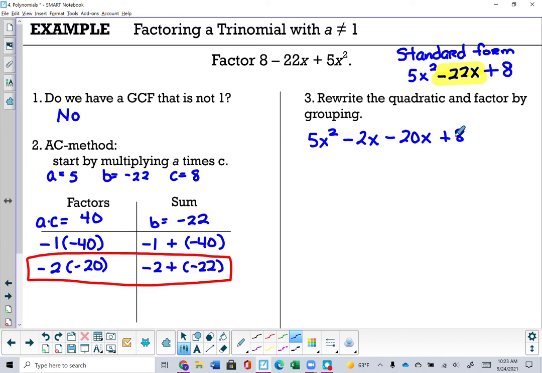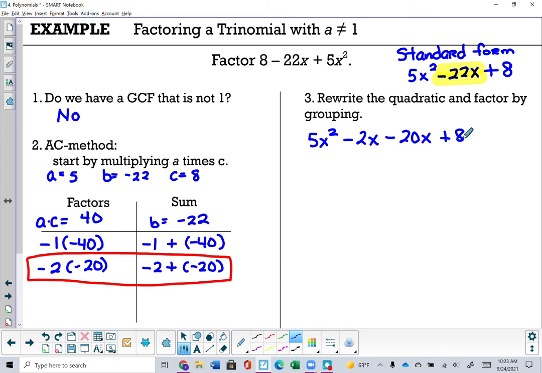And I see I have a mistake over here. I wrote -2 plus -22. Sorry about that. It's -2 plus -20. All right, let's keep going. So we have our 4-term polynomial.